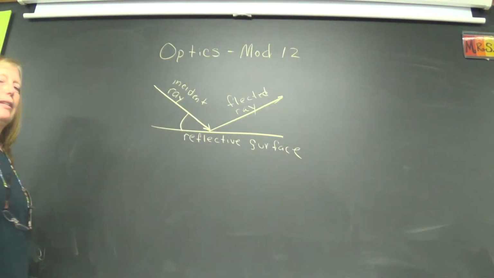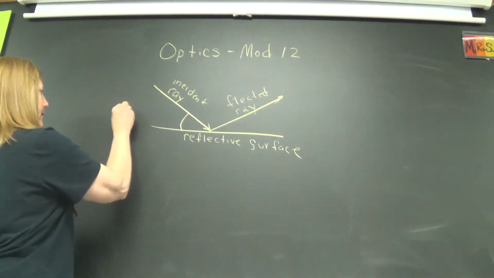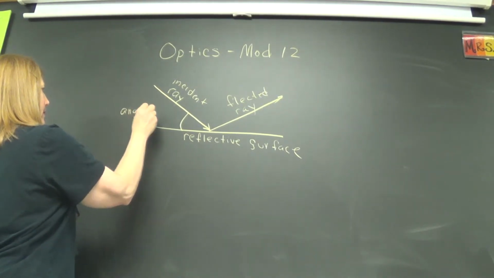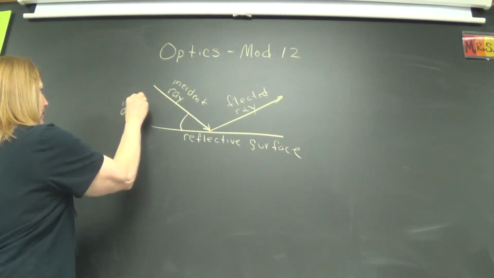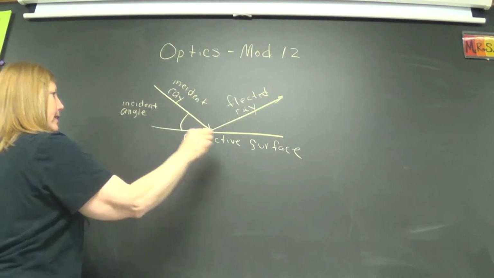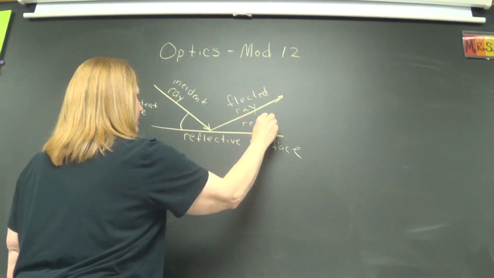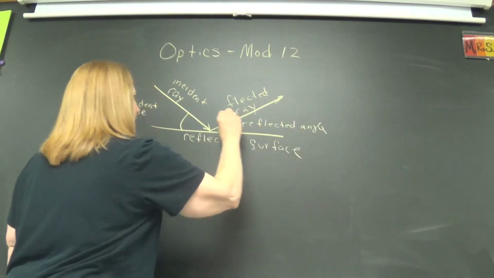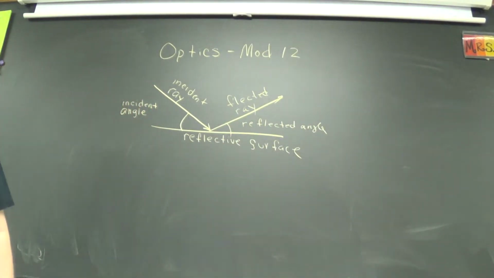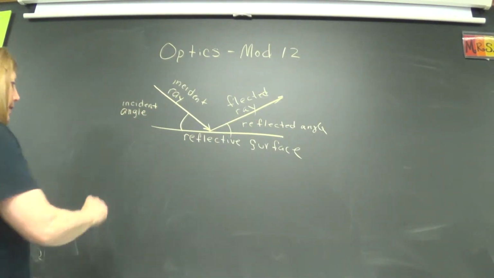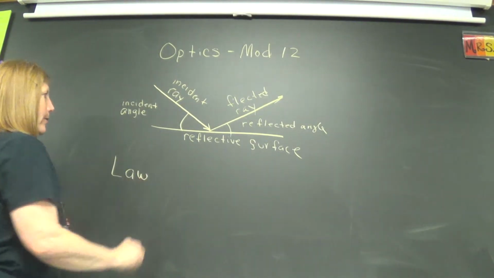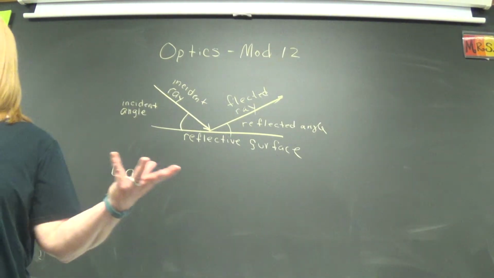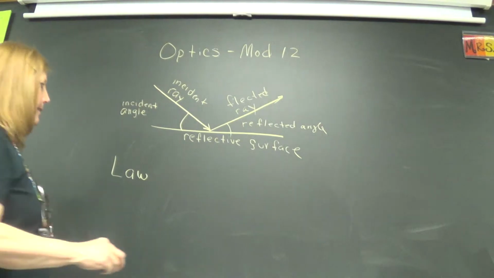This angle is the angle of incidence. I'll say incident angle, or angle of incidence. This is the reflected angle. So draw a little angle sign in here. What I was looking up: the law of reflection says the angle of incidence does what compared to the angle of reflection?